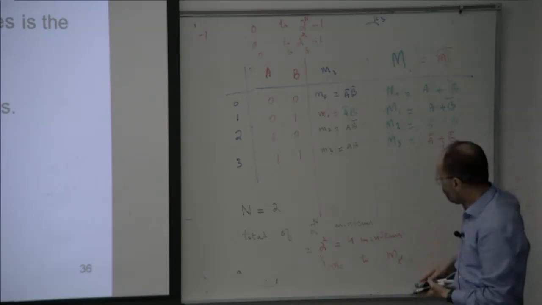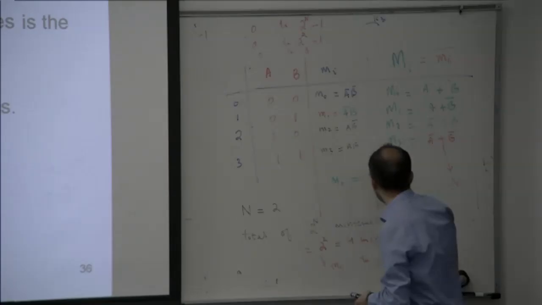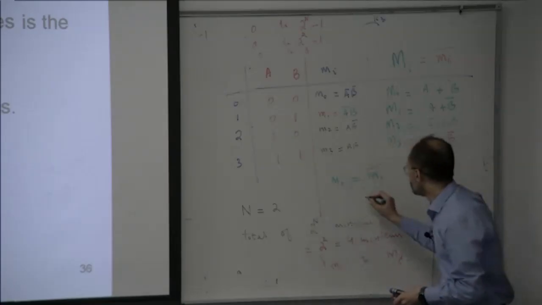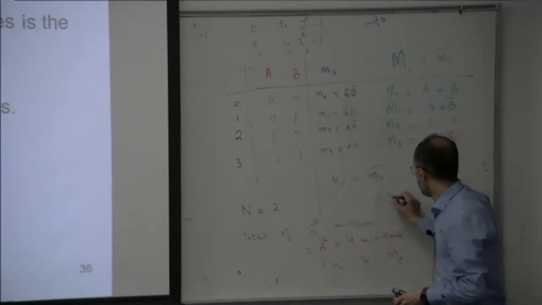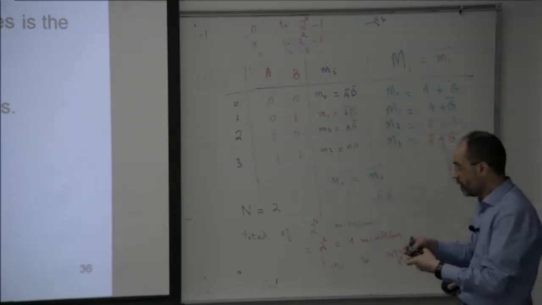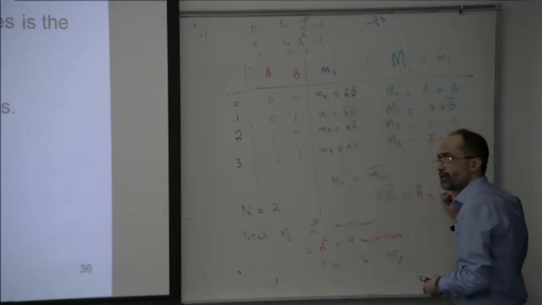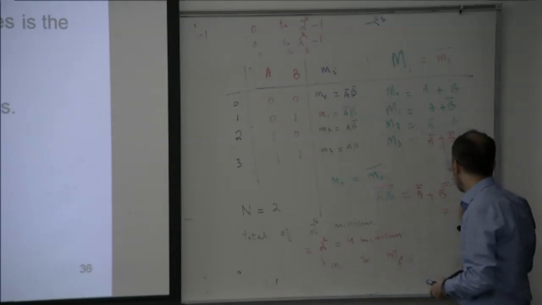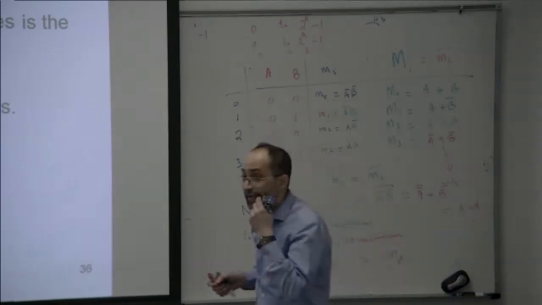So this M0 is the complement of m0. And what is m0? A bar B bar, and then whole bar. This is A double bar plus B double bar. This is A plus B. Got it? So this is very important.